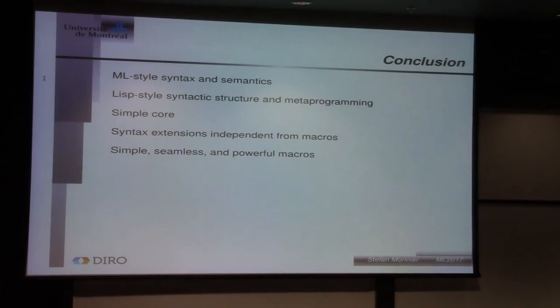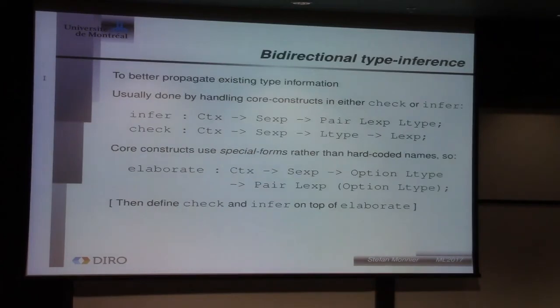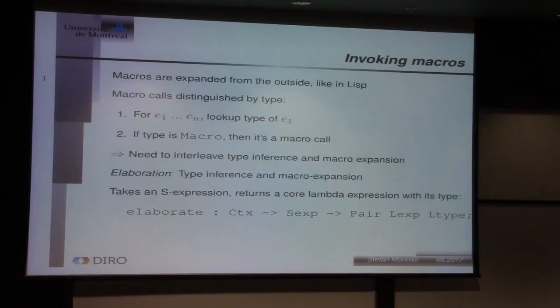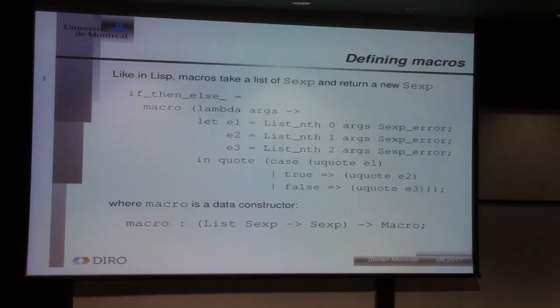Yeah. What are the types of quote and eval in Typer? Oh. So, what is the type of quote? What was the other one? Eval. I do not have eval. I do have quote, obviously.